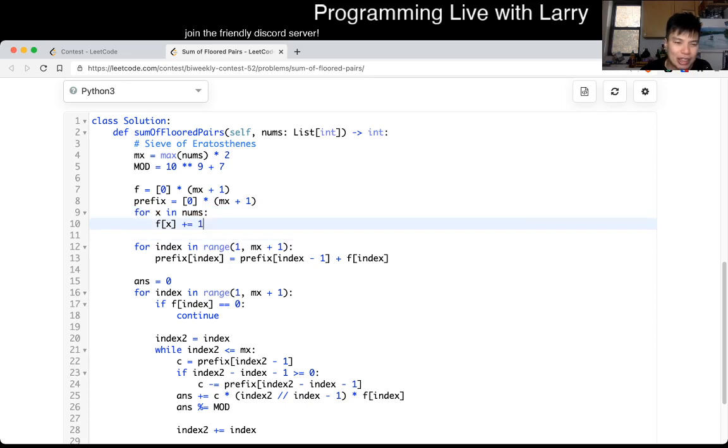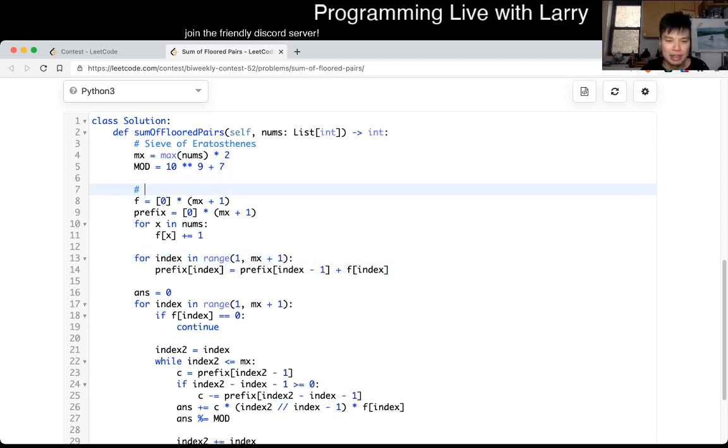Basically, I have a frequency count of all the numbers, and then I do a prefix count of all the numbers. So let me annotate this for a second.